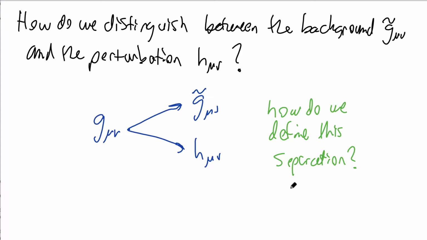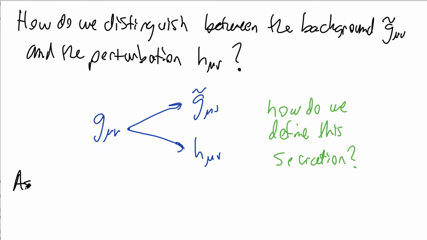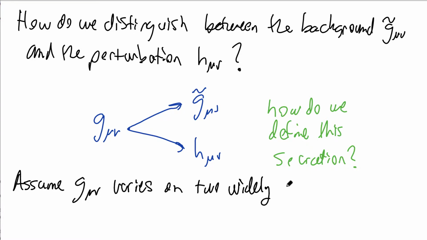Well, in general, we can't. But one situation in which we can define this separation is when the variations in the metric occur on two widely separated length or time scales. So let's assume that the metric varies on two widely separated length or time scales.